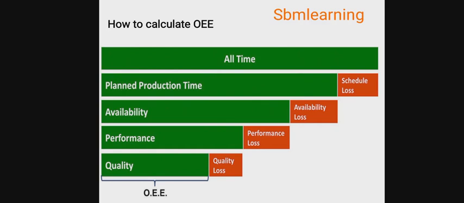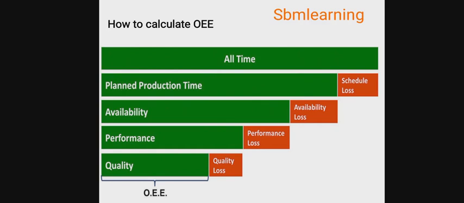Now talk about quality. What do we calculate in quality? Now 18 units we have produced, but out of 18 also we are having one defective product. Now the actual good amount is 17 units, which we are going to dispatch to the customer.